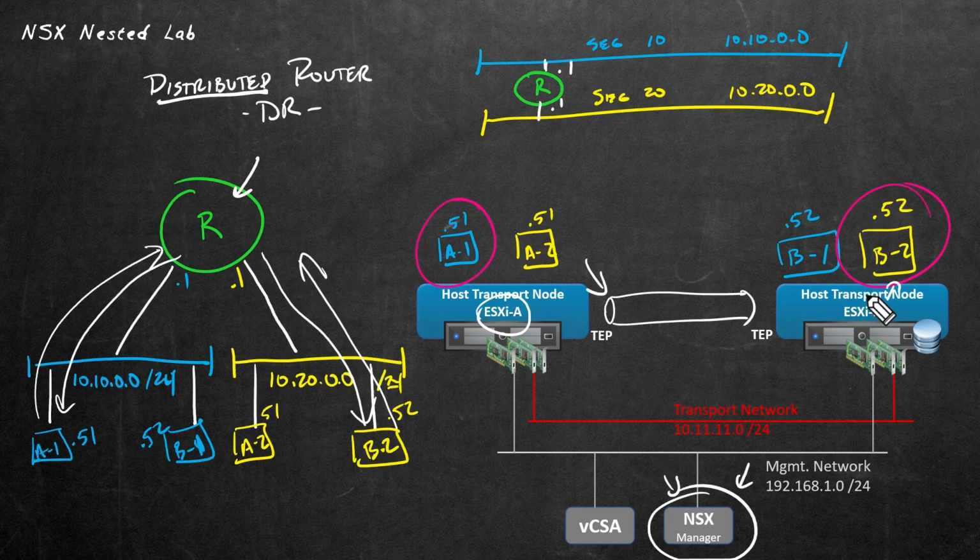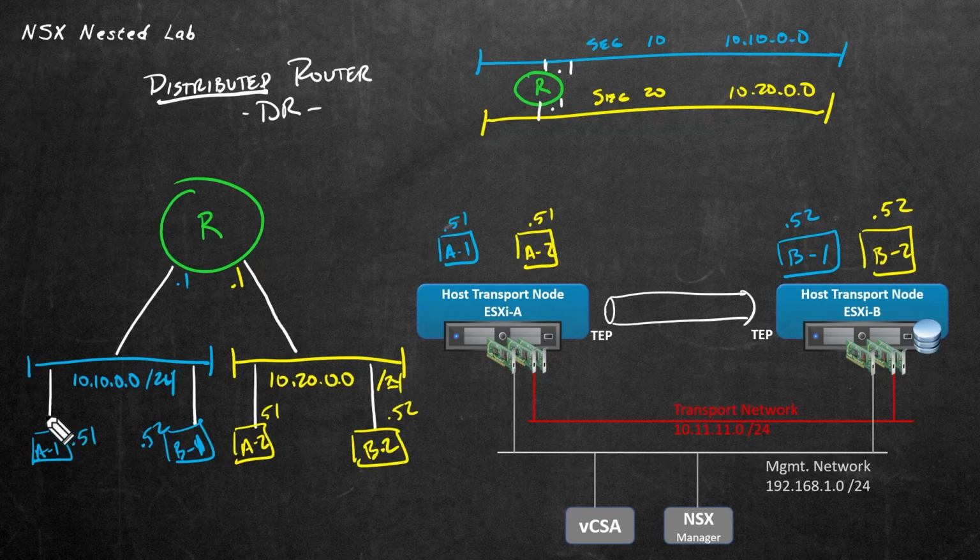And there's one other scenario I'd like to chat with you about, and it looks like this. Let's imagine that this VM right here, A1, wants to communicate with B1, which is right here. So logically, these two VMs are on the same exact logical layer 3 network, the 10.10.0 network. However, this first VM is over here on ESXi and the second VM is over here on ESXi. So from a routing perspective, that traffic would not involve the distributed router.